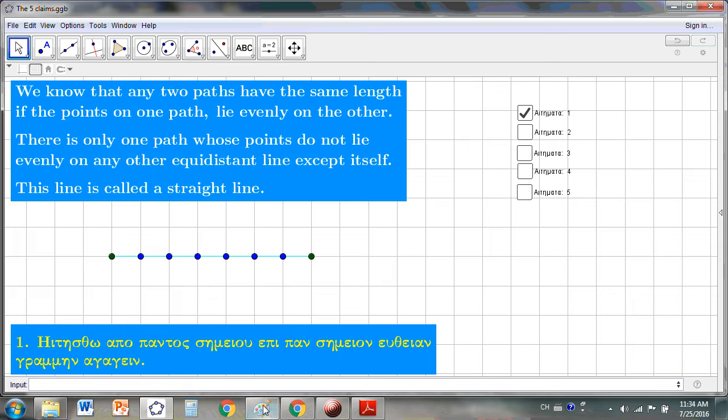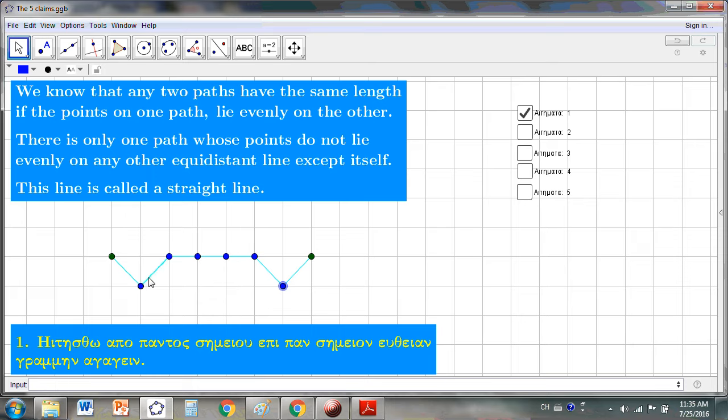So as I explained in the previous video, if you have, let's say, a path like that or a path like this, then these points here lie evenly on each other, but it's not a straight line, okay? And we'll see what the difference is now in the following definition.